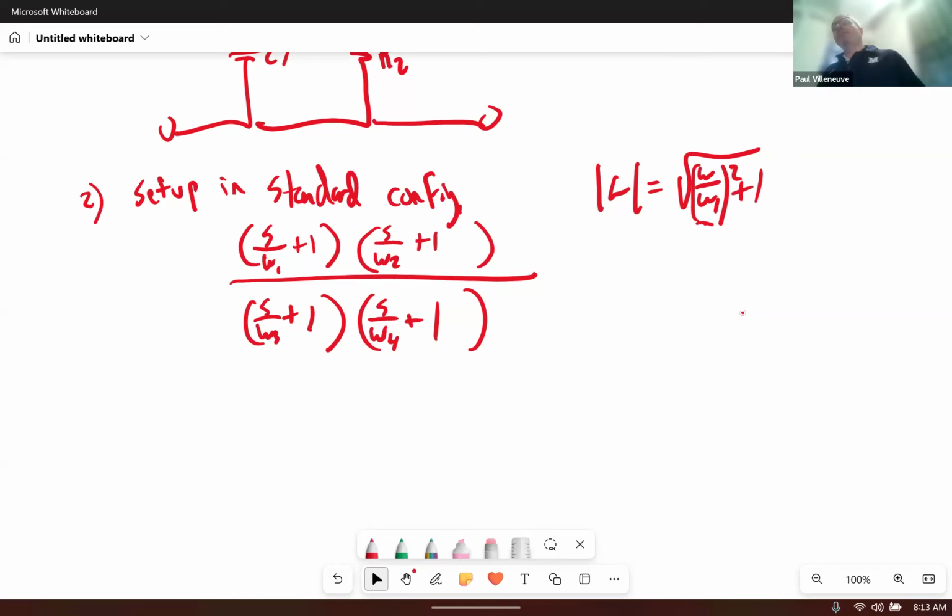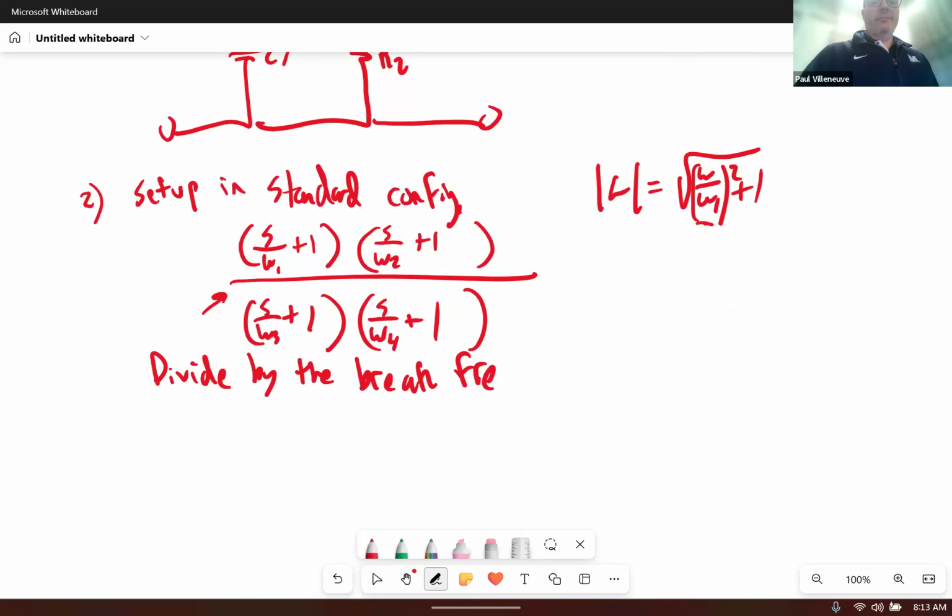So 1 plus a really small number, square rooted, is still just 1. If we don't set up this step right here, we don't have our Bode plot approximations that are going to work out for our break frequency. So it's super important to divide by the break frequencies. Okay, that's setting it up in standard form.